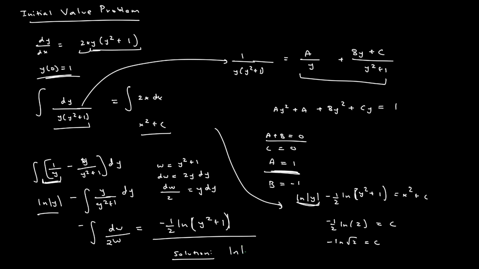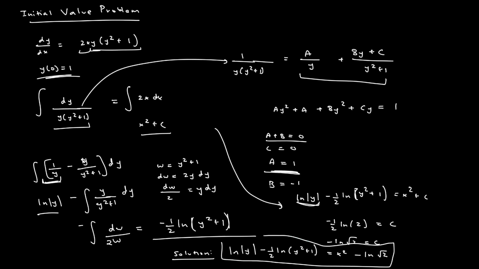We have the natural log of the absolute value of y minus 1/2 ln(y^2 + 1) is equal to x^2 - ln of root 2. And so hopefully you guys followed along and realized that the only way we could have solved this initial value problem was through the use of partial fraction decomposition.